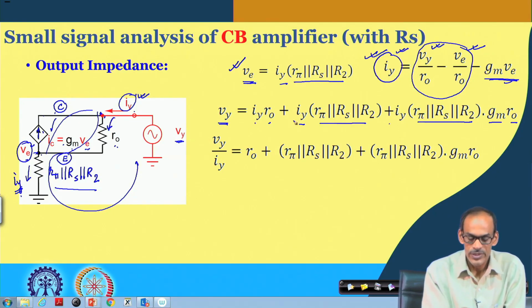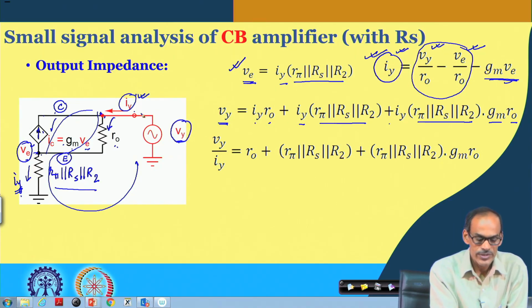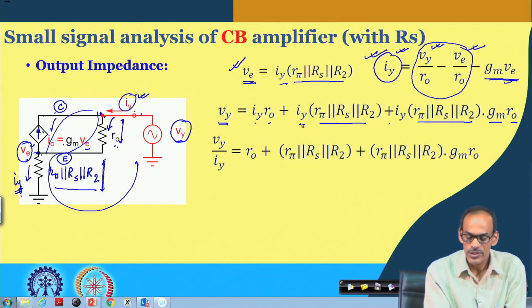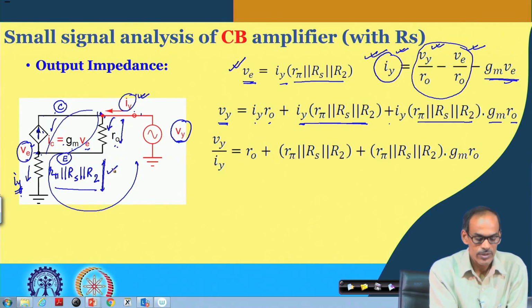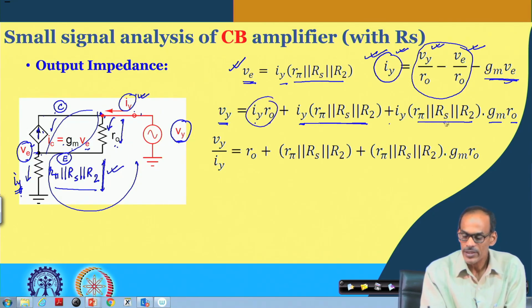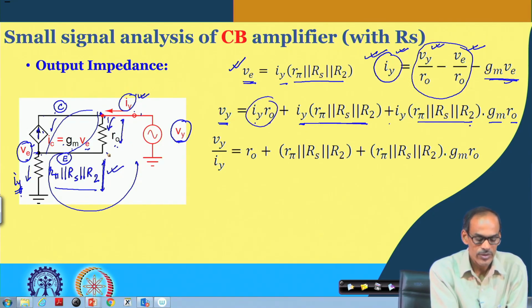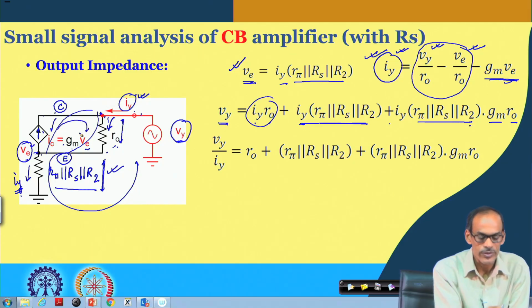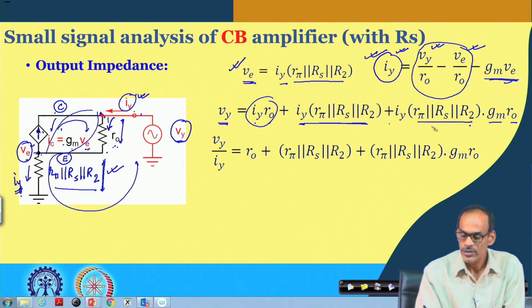If you see the various terms here, the voltage V y has this drop and also this drop. This drop is straightforward. If I combine this part and this part, that gives us the drop across this R o, because this current is also flowing through this, and this current's expression is G m into this resistance multiplied by this R e.